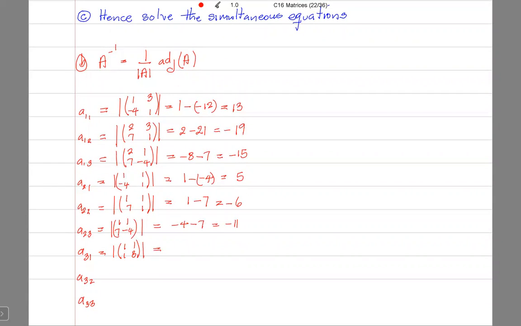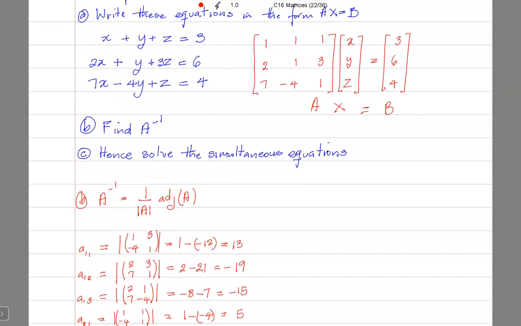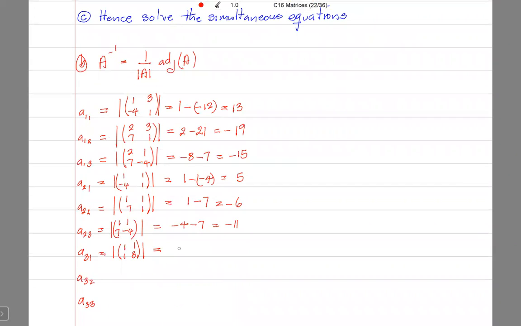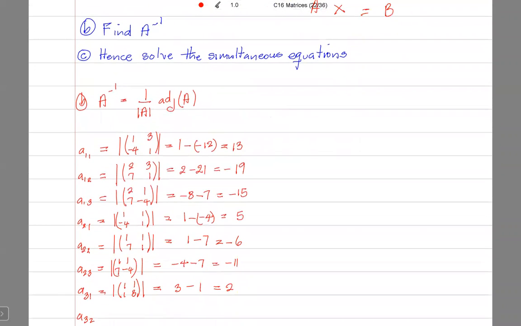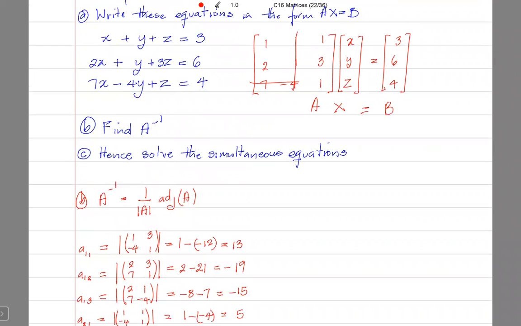Double checking to confirm. The determinant is 3 minus 1, which is 2. Third row, second element. If I block this and this, it's 1, 2, 1, 3.